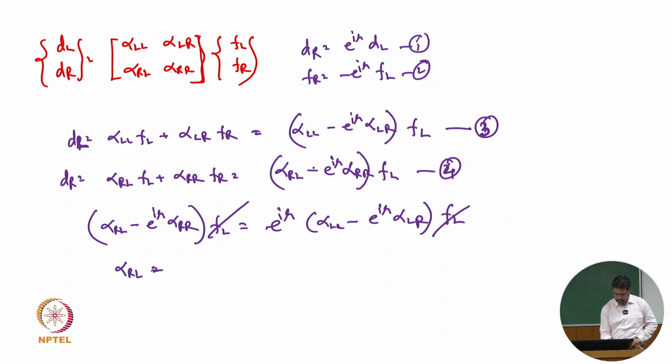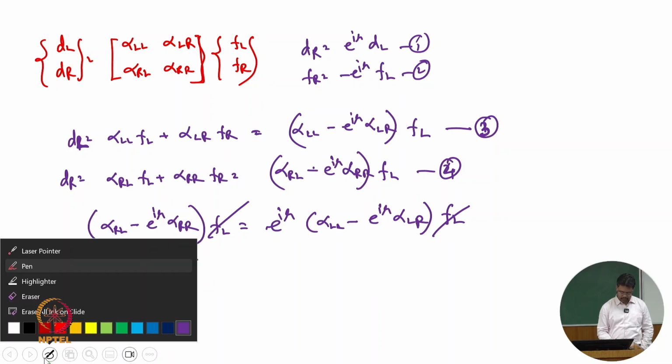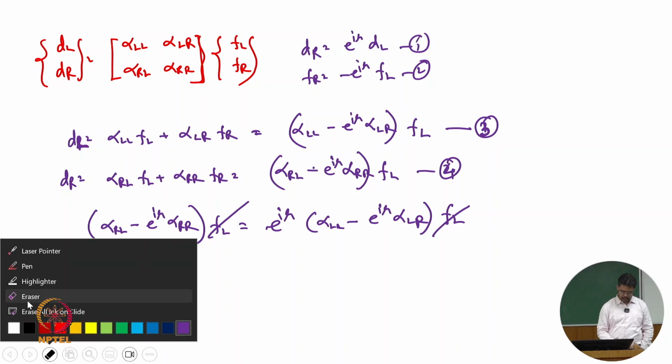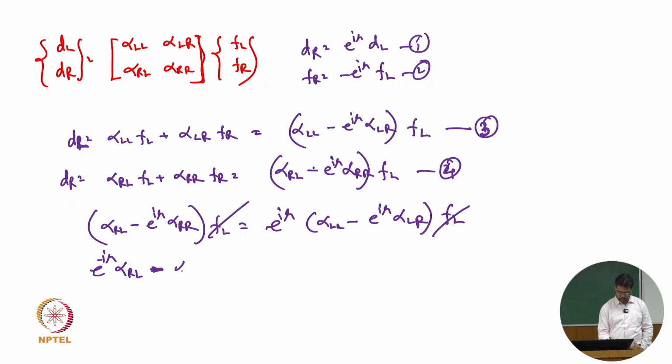Alpha RL minus... or what we can do, we can pre-multiply with e to the power of minus I mu. So e to the power of minus I mu times e to the power of I mu will become 1.